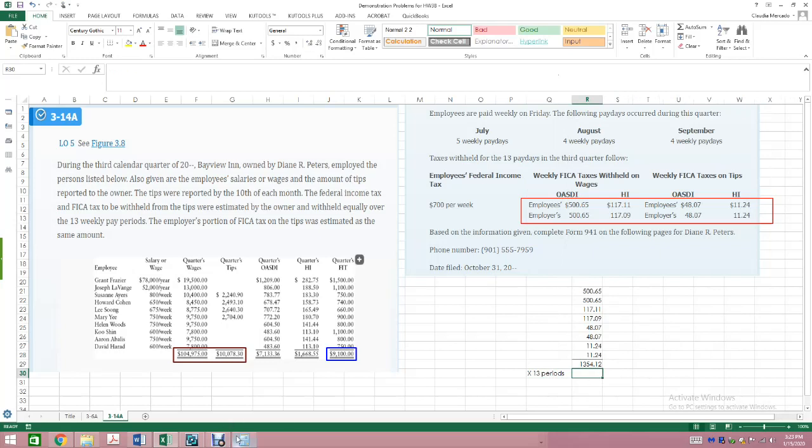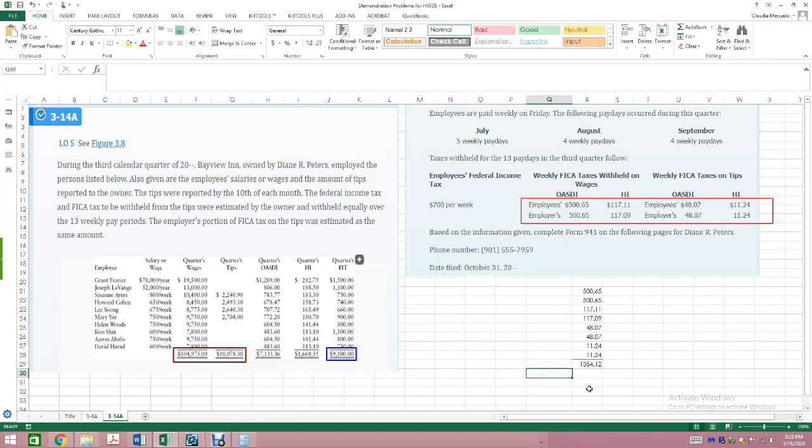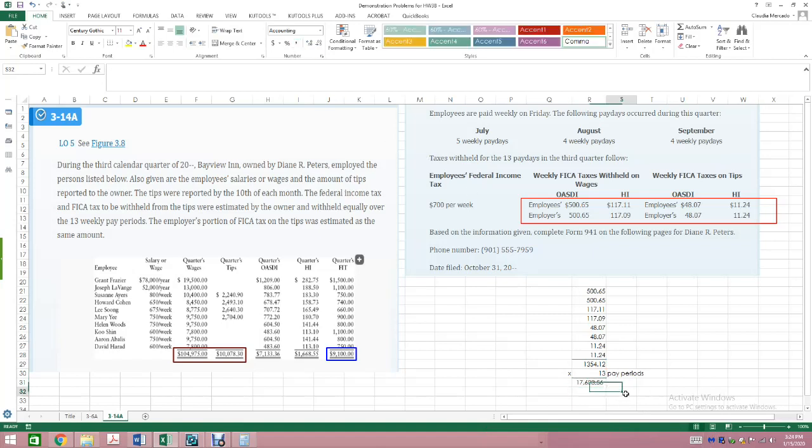And that's going to give you 17,603.56, and that's the amount that you're going to compare.